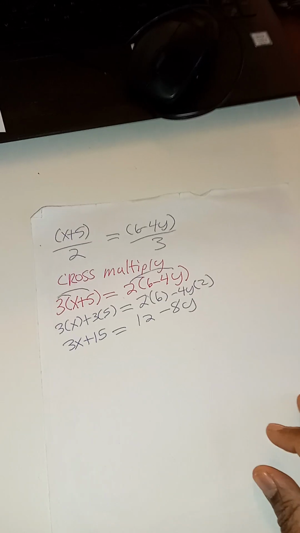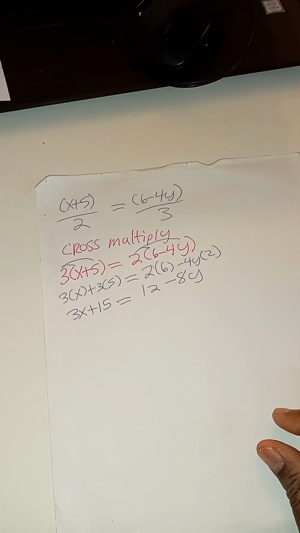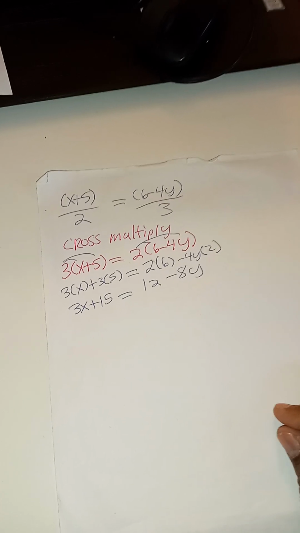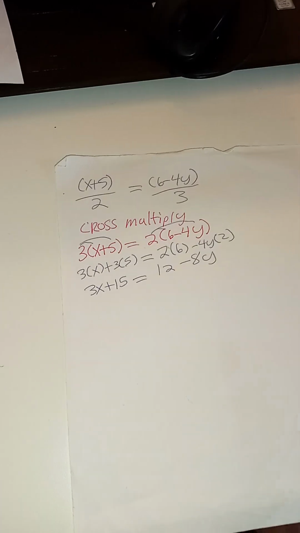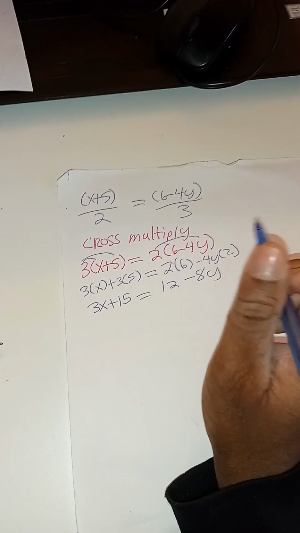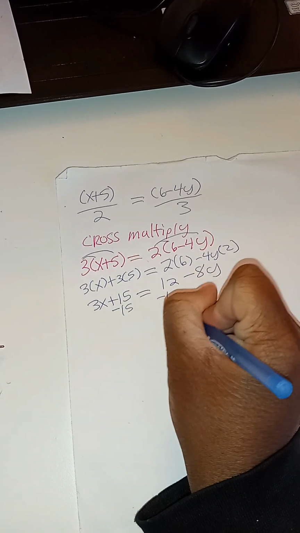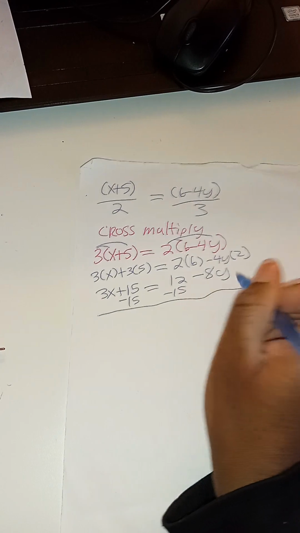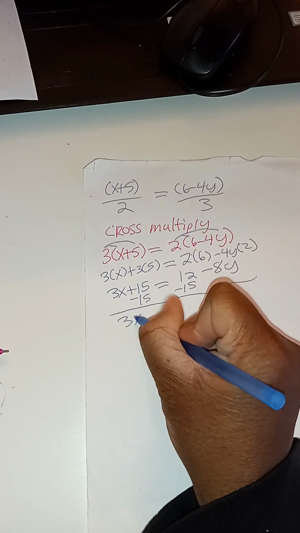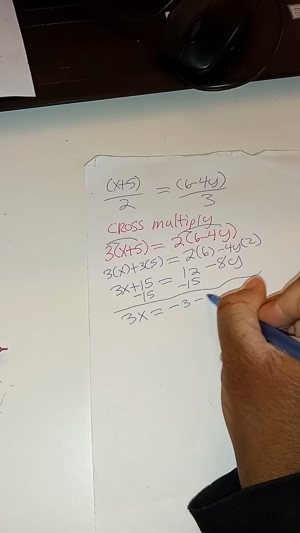Later on in the problem, we will be solving by elimination, and x and y must be on the same side of the equation to use the elimination process. So let's subtract 15 from both sides. And so 3x is equal to negative 3 minus 8y.